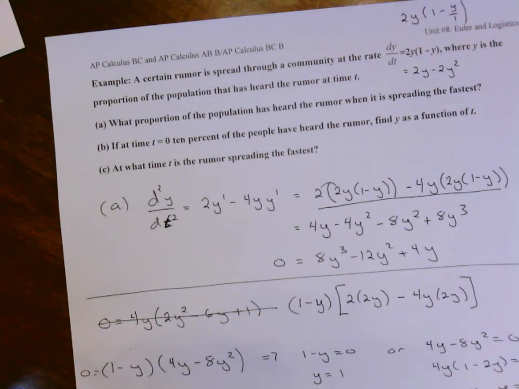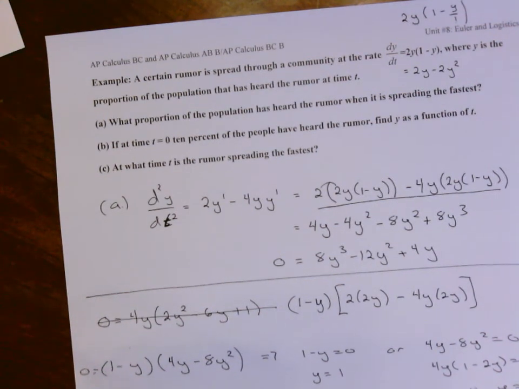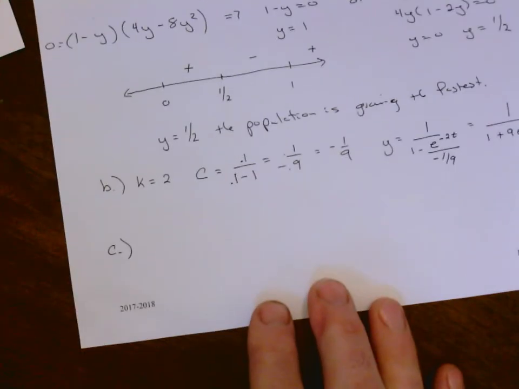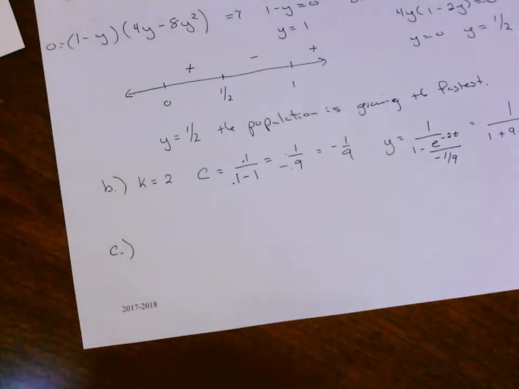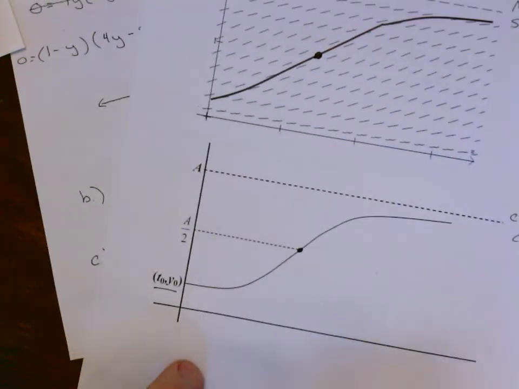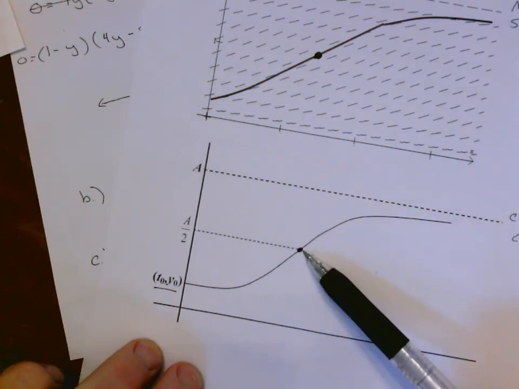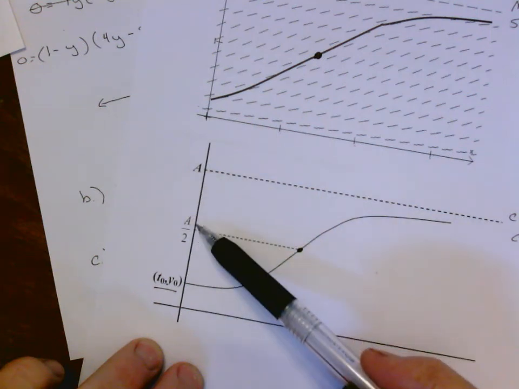at what time t is the rumor spreading the fastest? Okay, so for the rumor spreading the fastest, let's go back to our picture of the logistic curve. Sorry, just scrolling through my papers. Okay, so you go through here, and it's spreading the fastest at the point of inflection, or whatever half of the carrying capacity is.